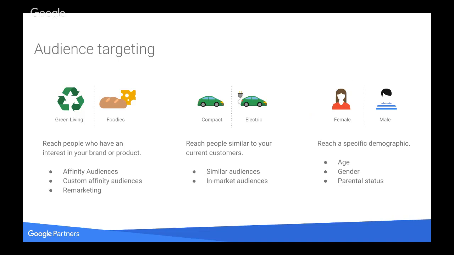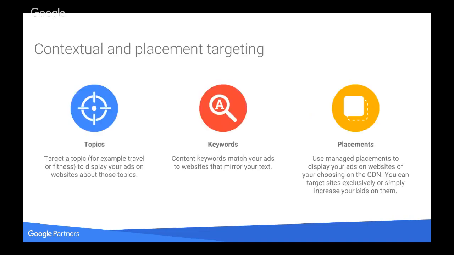They'd be an in-market audience for you if you're an electric car seller. And then finally, you could reach a specific demographic. If you want to target parents of a certain age, or women of a certain age and parental status, or men of a certain age and parental status, you can do that via audience targeting. So that's essentially audience targeting in a nutshell.